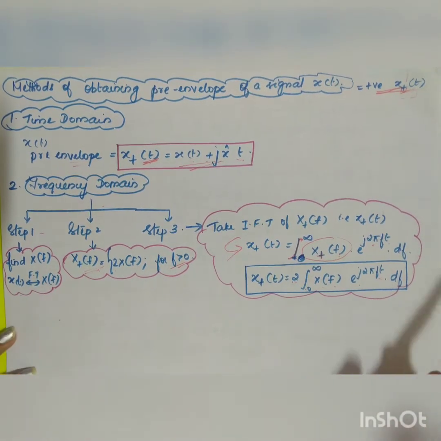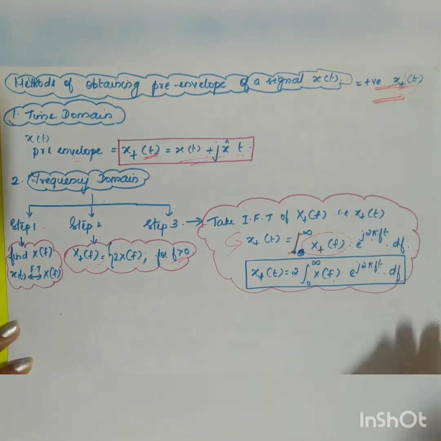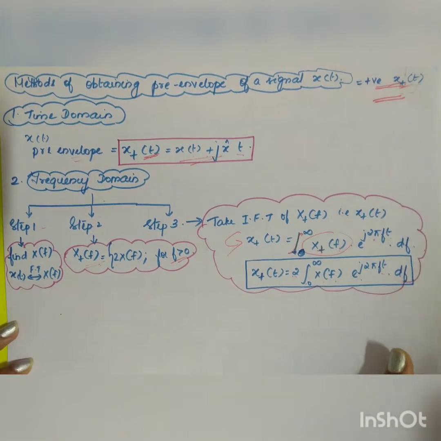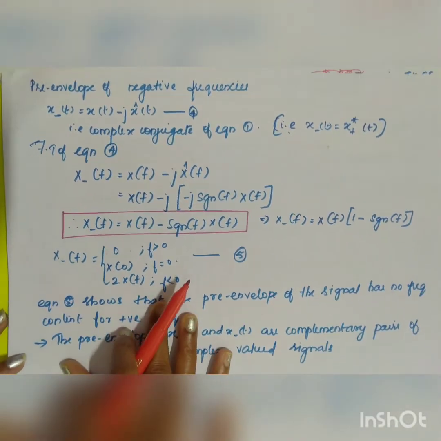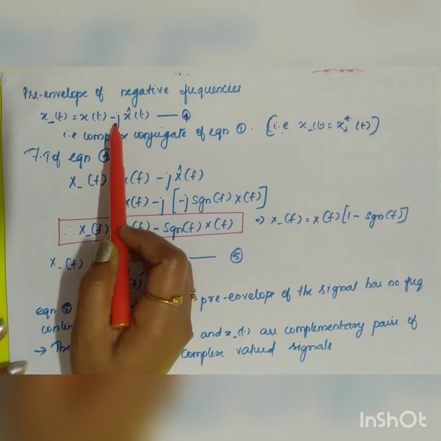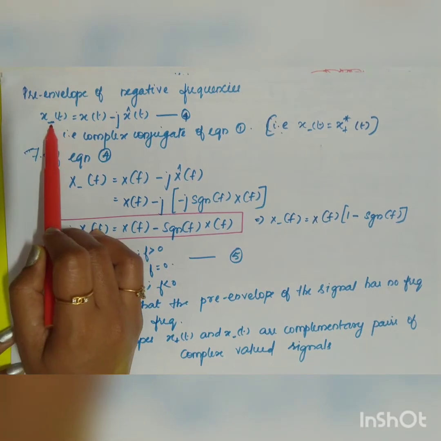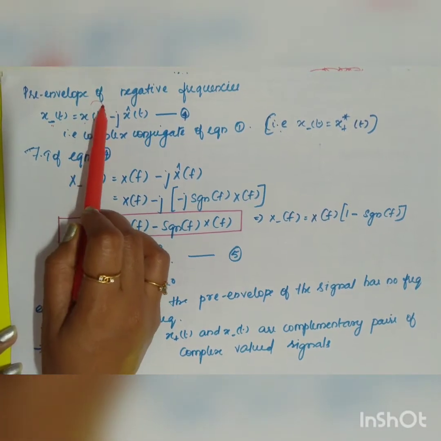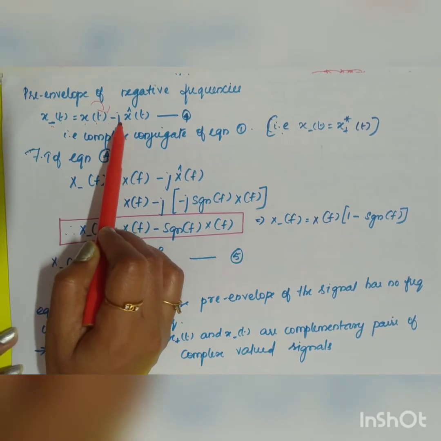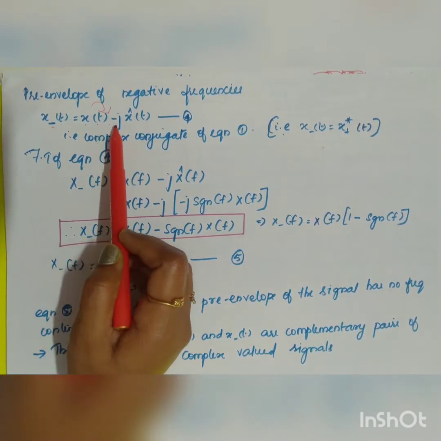Now till this point we have studied positive frequencies. Now you can derive the expression for the pre-envelope for negative frequency also. The pre-envelope of the negative frequency is just the opposite of the positive frequency. There it was plus, here you give it as minus. x-(t) = x(t) - j x^(t).